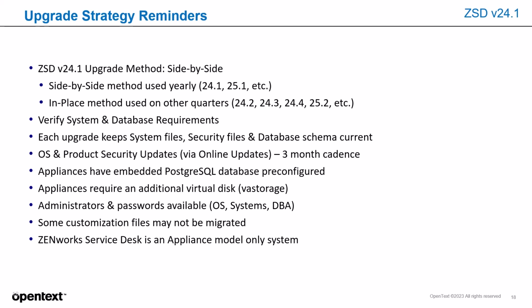Administrator and passwords, make sure that they're available for when you're doing your upgrade for the OS, the systems, the DBA. Just in case you run into anything, you may need to contact them or have those available so that you can take care of those things should you call support. Some customization files may not be migrated, so be aware of that.